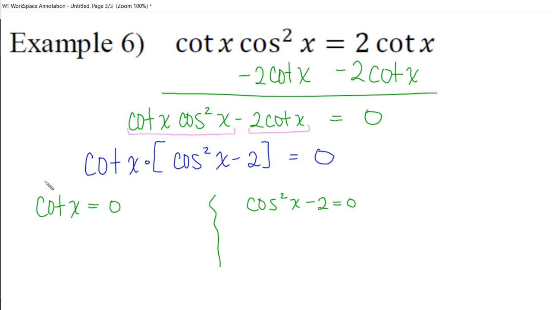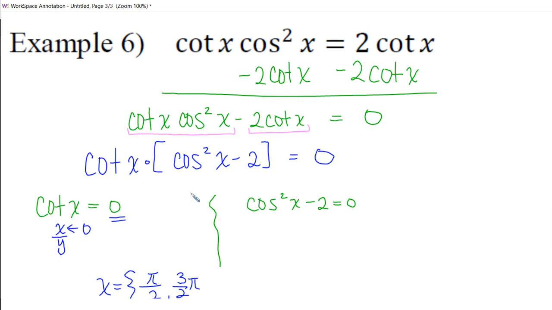Where in our unit circle is my cotangent, which is x over y, going to equal 0, which means my top has to be 0, so my x has to be 0, and that gives us our y-axis, which is pi over 2 and 3 over 2 pi.